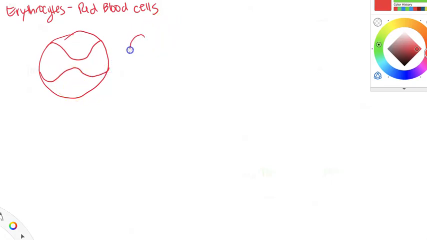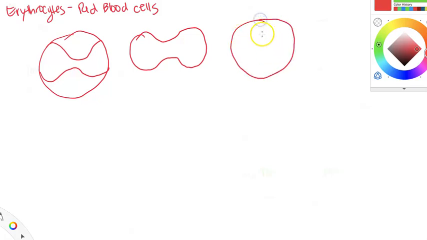A red blood cell from the side looks like that, and from the top it does look round, but actually it looks kind of like a donut. So there's not a hole there, but this part here is going to look a little different than the sides that are thicker. So this is what a red blood cell looks like.